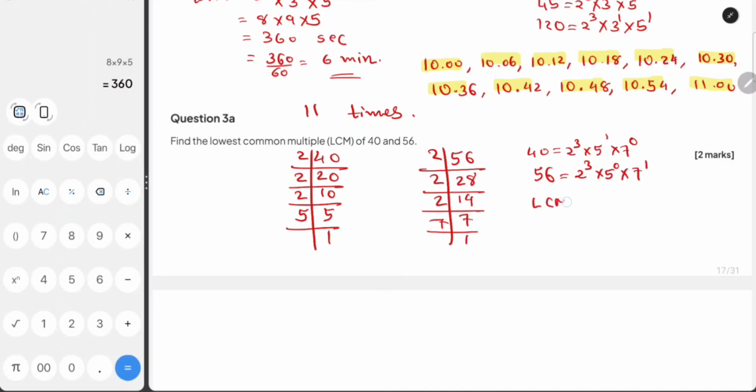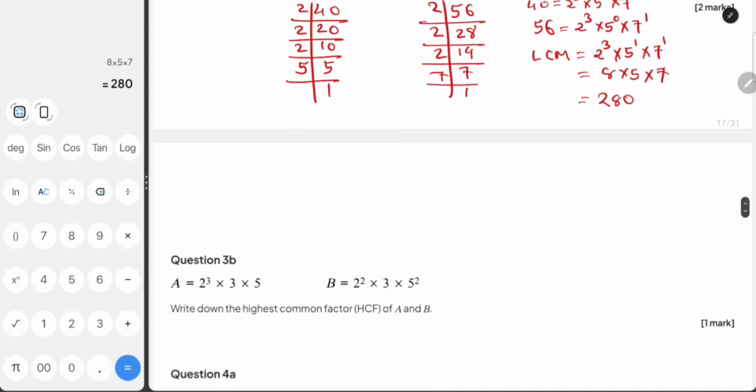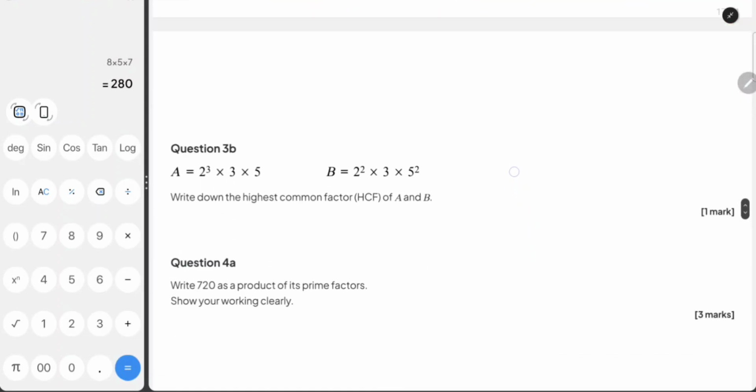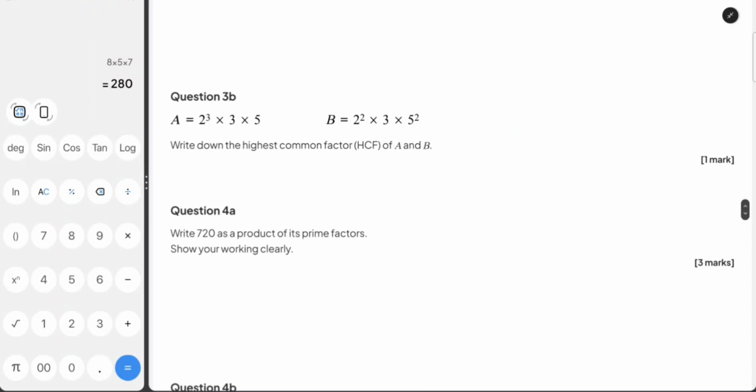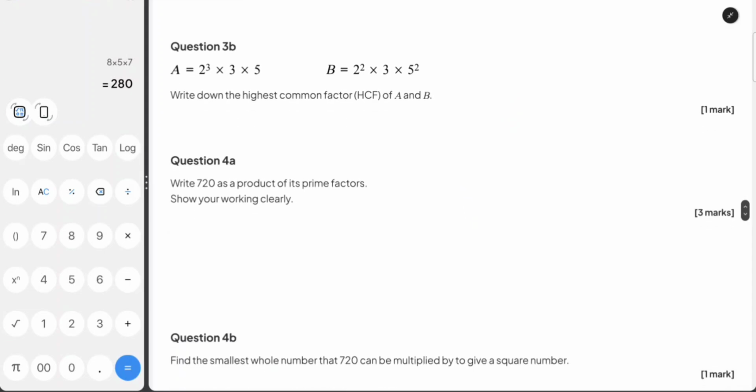So in LCM we take the highest power, so 2 raised to 3, 5 raised to 1, 7 raised to 1. So that's 8 into 5 into 7. Let's use calculator. 8 into 5 into 7, that's 280. Clear? Now A and B are given as products of prime factors, and we are supposed to find the HCF of them.